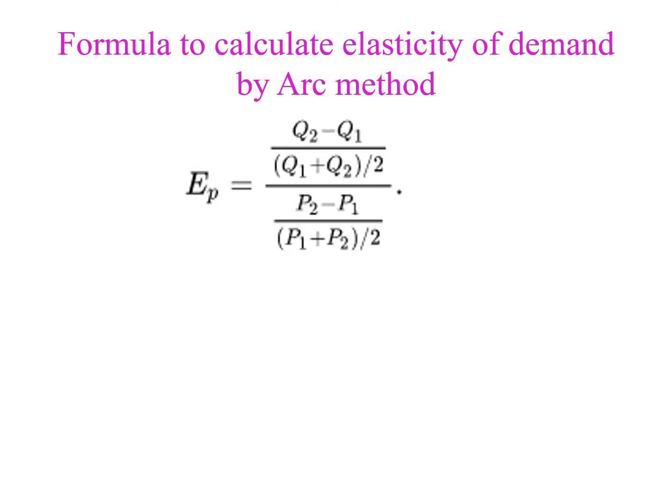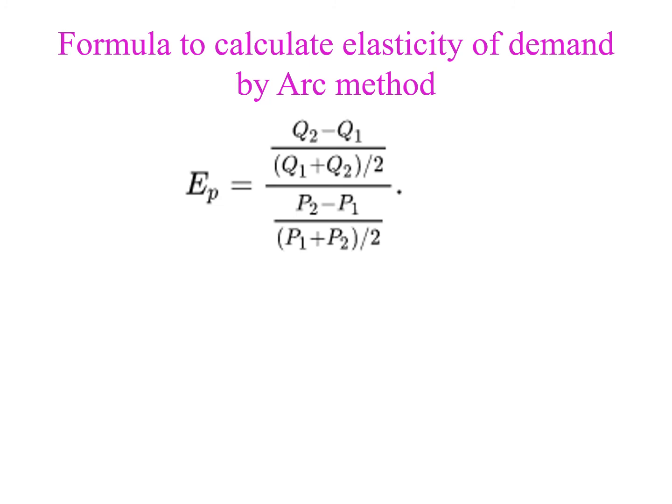Formula to calculate the elasticity of demand: elasticity of demand equals Q2 minus Q1 divided by (Q1 plus Q2) divided by 2, and that entire term is divided by P2 minus P1 divided by (P1 plus P2) divided by 2.